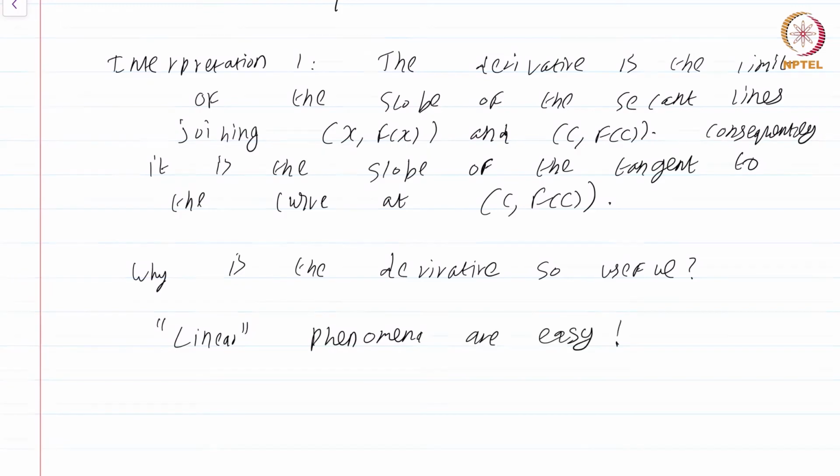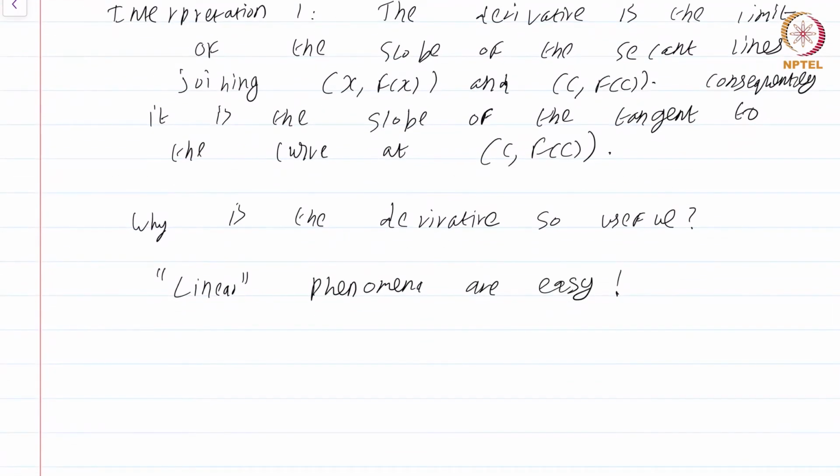This is a general principle, not just in real analysis or calculus, but in the whole of mathematics. Linear phenomena are easy. Linear phenomena just means something that looks like a line. That's a very vague way of stating that, but essentially it's not such an imprecise thing as I make it out to be. So linear phenomena are easy.